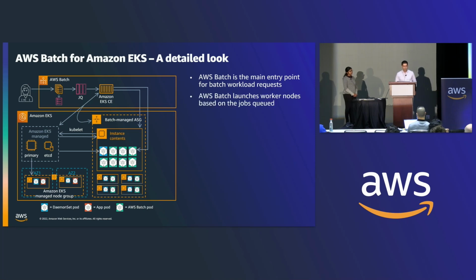The second is that batch was launching worker nodes based on the jobs that it sees are queued, right? So as far as the Kubernetes scheduler is concerned, it actually doesn't know about what's in the job queue at this time. Batch is acting as the coordinator, scheduler, and the queuing system to handle the full life cycle of the jobs that are being submitted in.